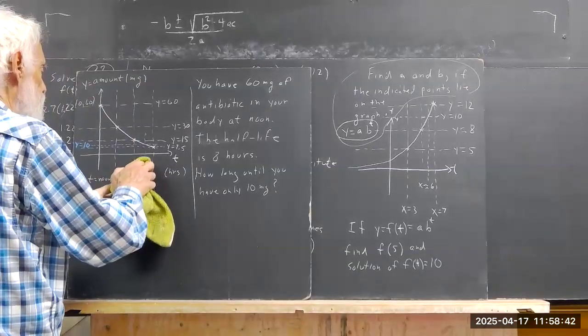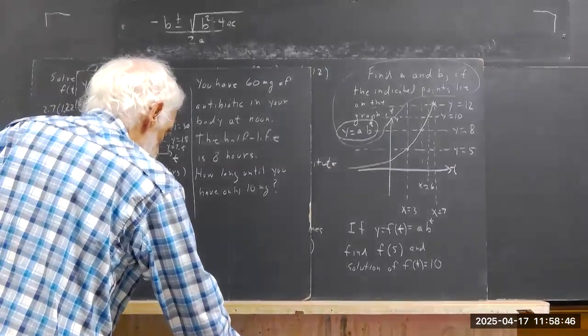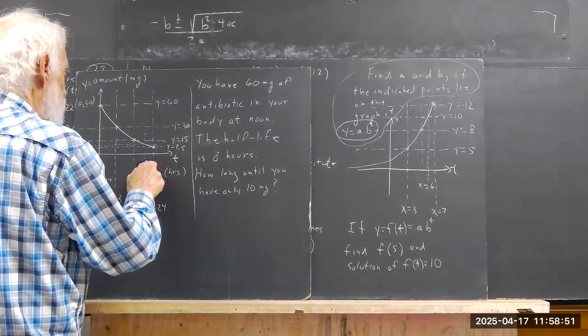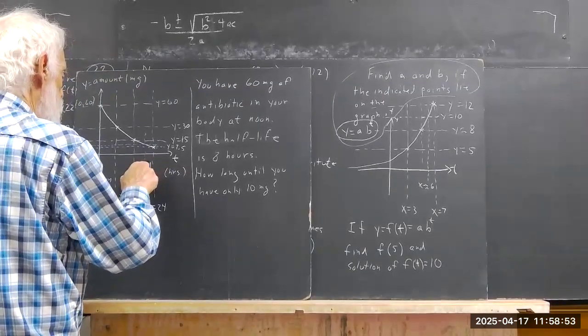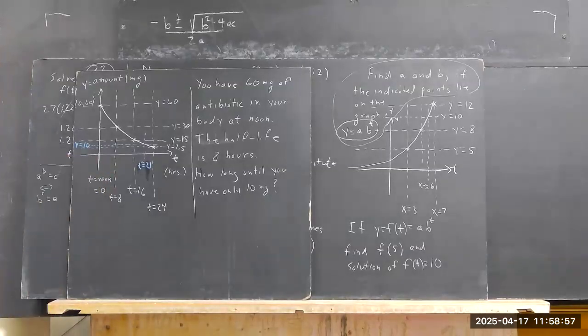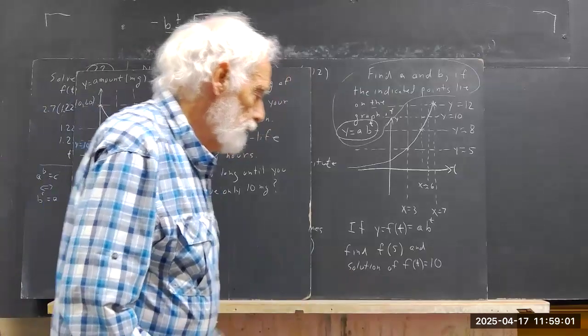Right there without the smudge. Approximately equal to 21. Well, now we have an idea.